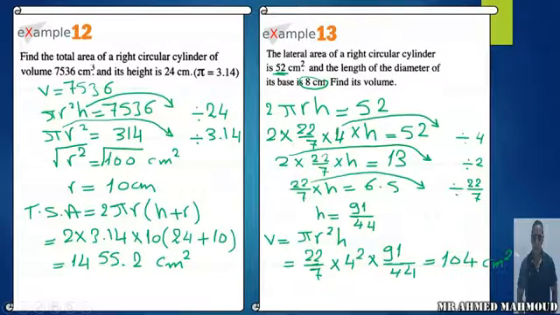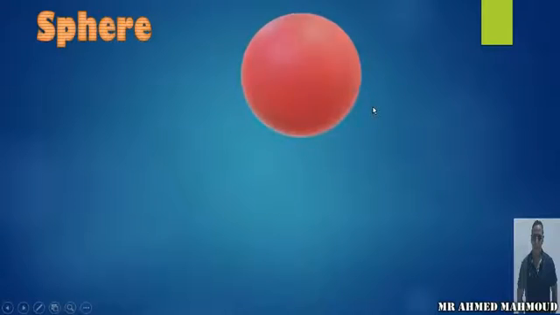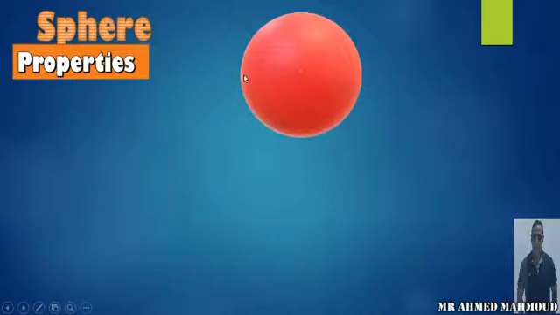Okay, next, here we have the last figure with us, which is called the sphere. The sphere or the ball. Here we have the ball or the sphere, and its properties.